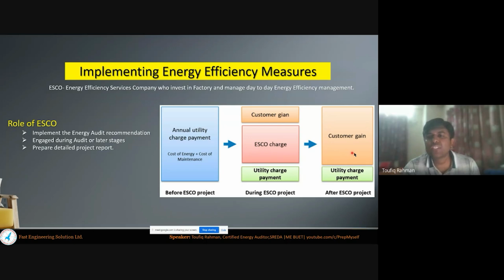So you see that this gain has been improved by the ESCO. It is high time to go for the ESCO business, so that you can invest and gain your revenue and give the customer a gain. This is done at the later stage of the energy audit, and it is also part of the energy management system.